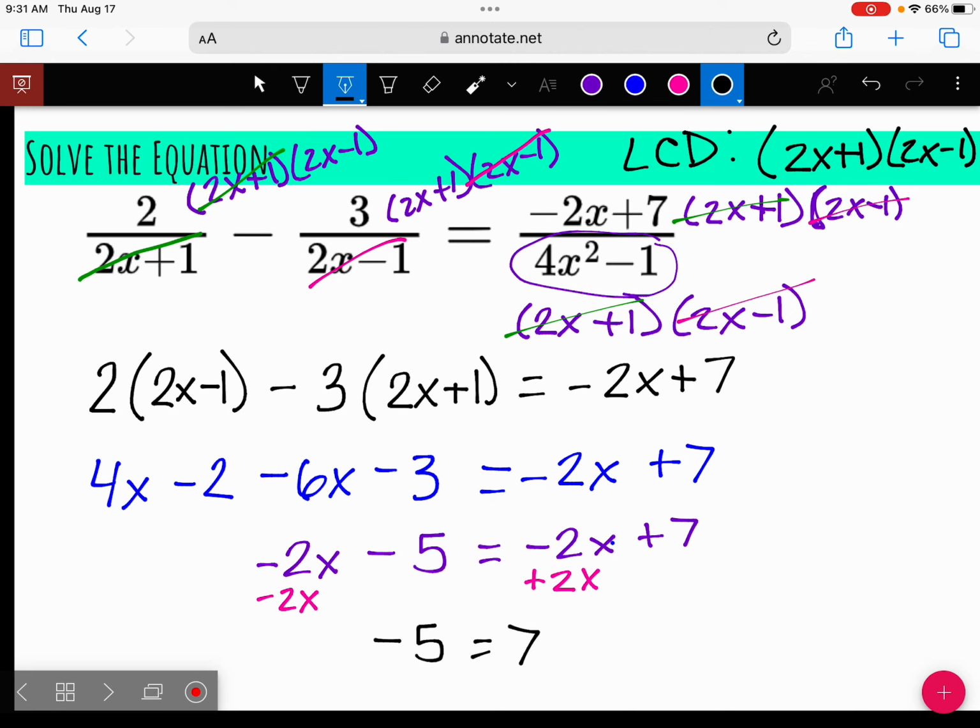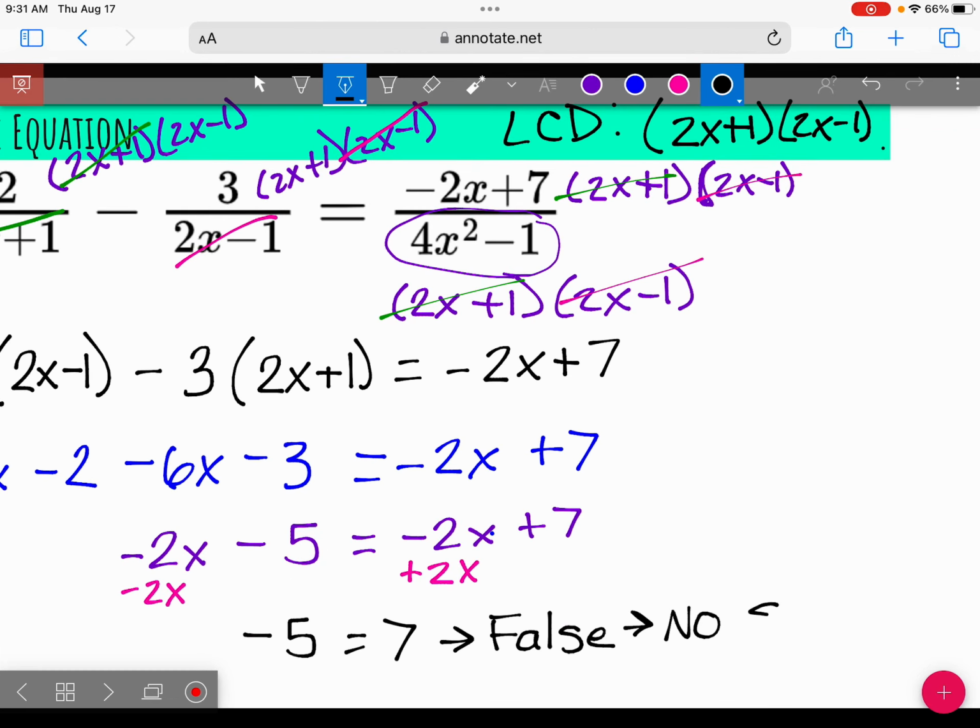No solution. This is inherently false. That is a thing that does not happen, which means no solution. No matter what x is, no matter what y is, -5 does not equal 7. Just like no time in the world does that happen.